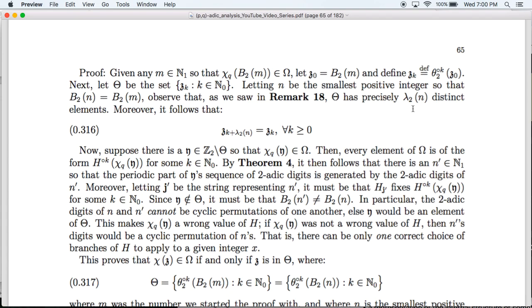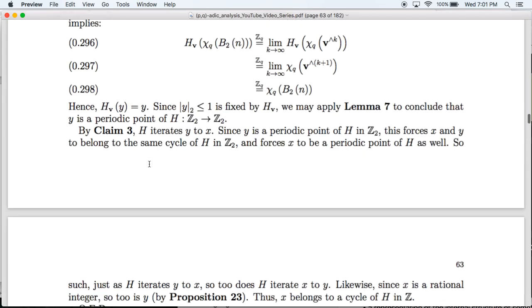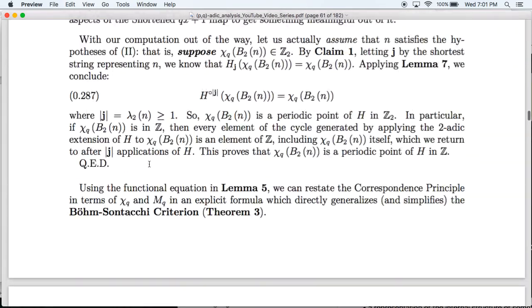So, suppose there is a y in z2, which is not in this set of cyclically permuted z's. And suppose that this y is sent by chi-q into our cycle. Then every element of our cycle is of the form h of some kth iterate of chi-q of y, by theorem 4, which now I have to go back because I didn't name them.